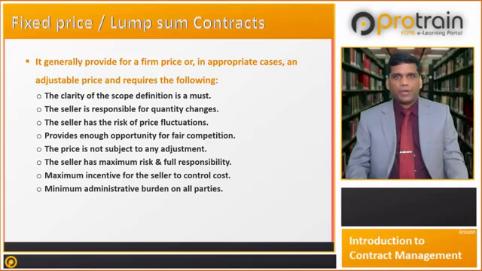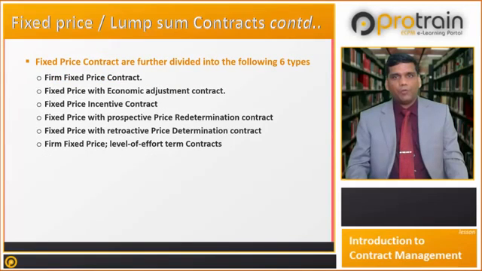Fixed price contracts are separated into the following 6 types: firm fixed price contract, fixed price with economic adjustment contract, fixed price incentive contract, fixed price with prospective price redetermination contract, fixed price with retroactive price redetermination contract, and firm fixed price level of effort term contracts.